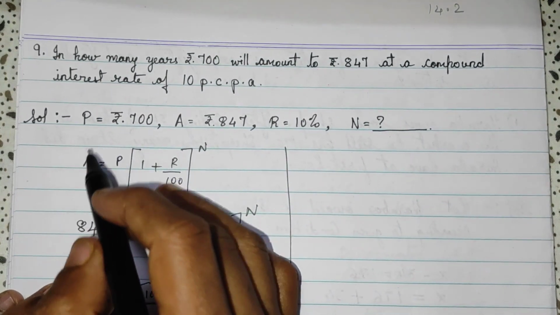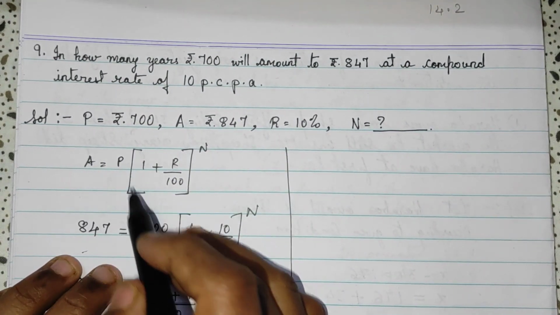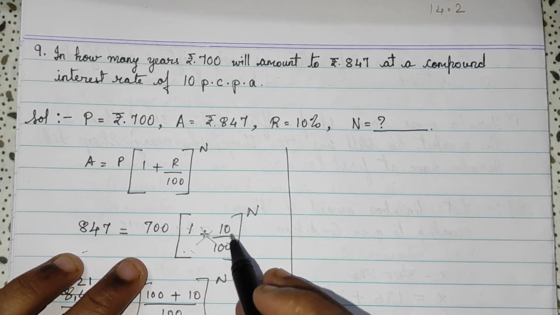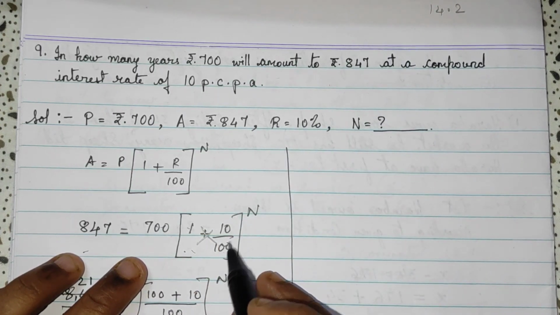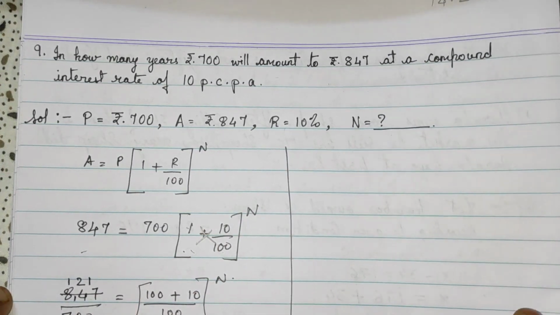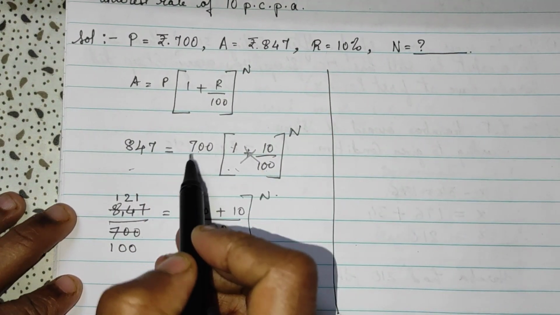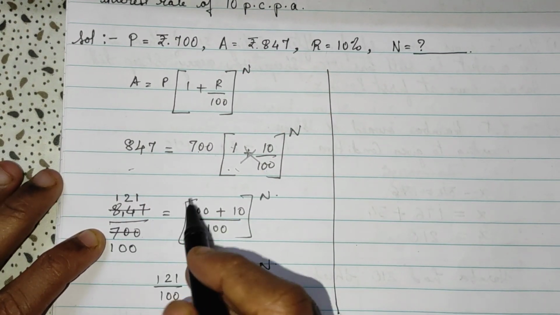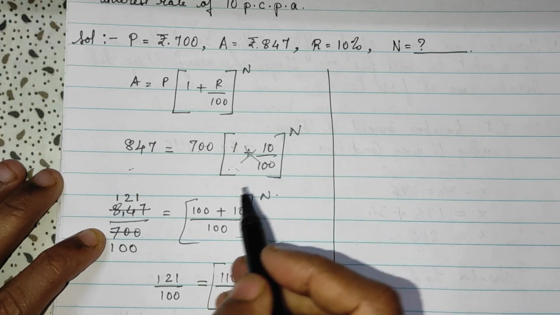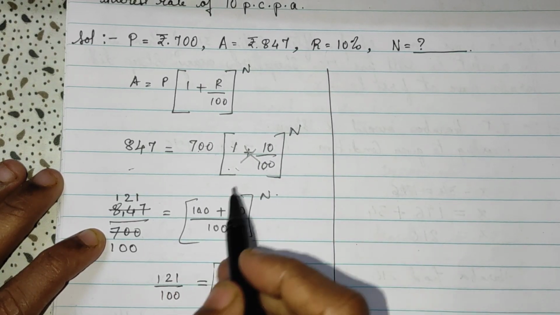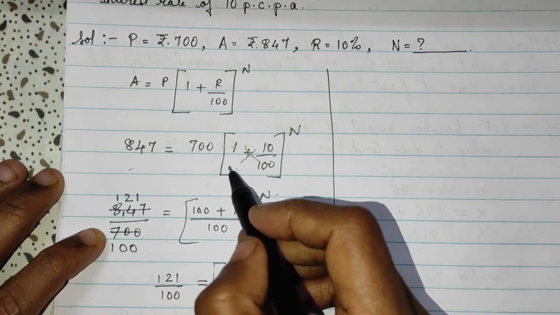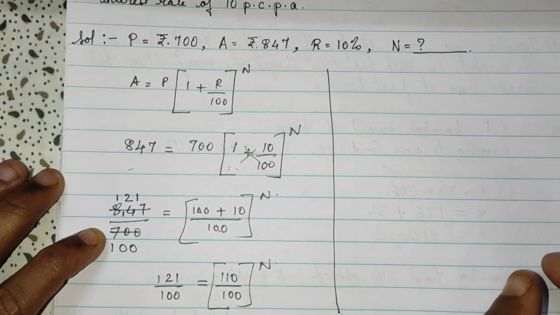So we will write the amount, we have the principal, we have 1 plus the rate, 10 upon 100, raised to n. So this 700 will come here in the bottom, equals to, here we will do rationalizing, 1 into 100 plus 1 into 10, 10 upon 100.